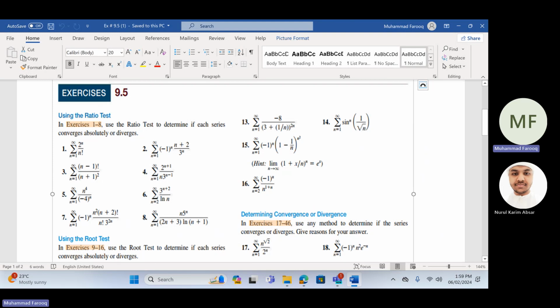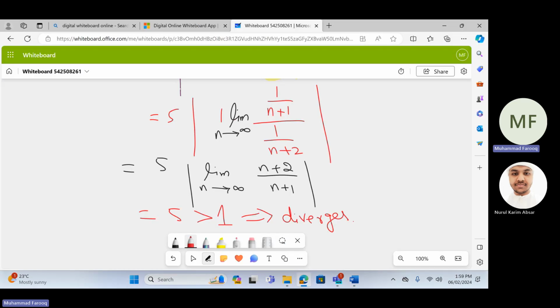So the ratio test we have done. Now in section 9.5, we have one more test, which is called the root test. As I mentioned already many times, in the exam the method name is mentioned: use the ratio test, use the root test, use the integral test, use the direct comparison test, use the limit comparison test.